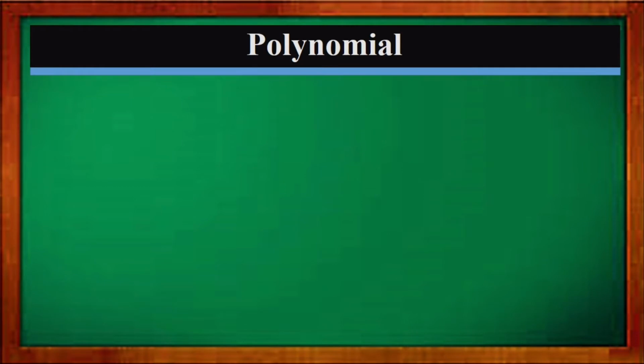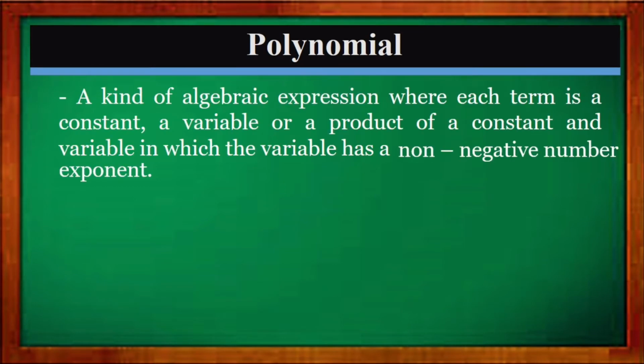So since we are talking about polynomial functions, let us first define what is polynomial. A polynomial is a kind of algebraic expression where each term is a constant, a variable, or a product of a constant and variable in which the variable has a non-negative number exponent.